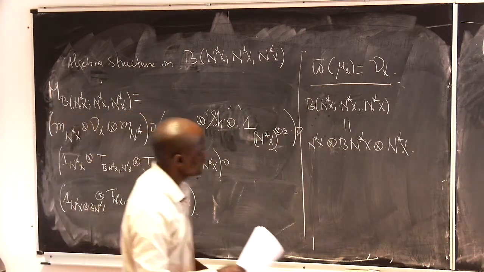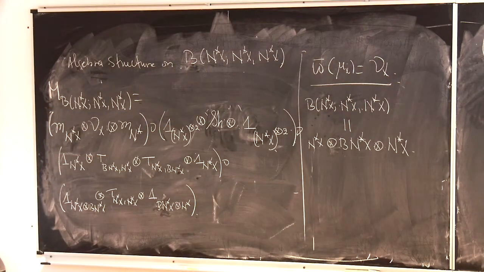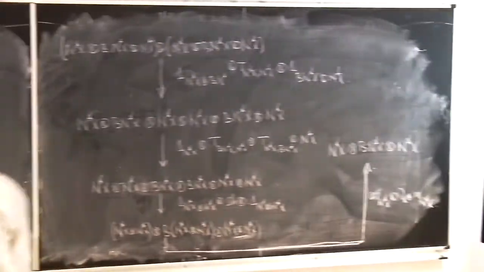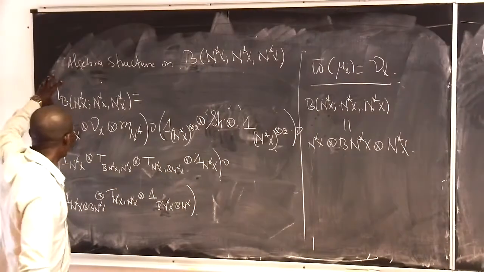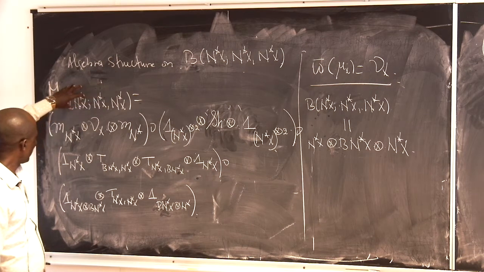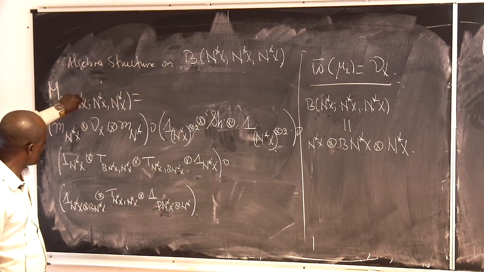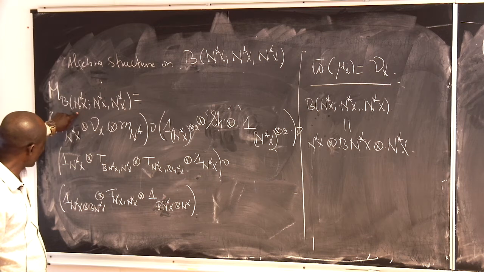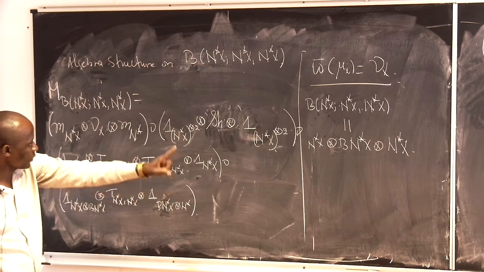So I'm just taking this composition to say that the product on the bar construction of the normalized singular quotient with double coefficient in the same normalized singular quotient is the composite of all these maps.